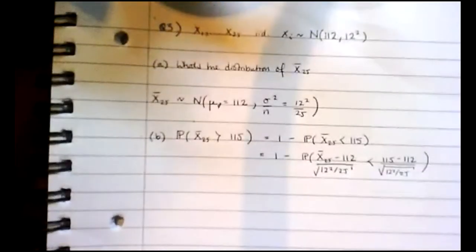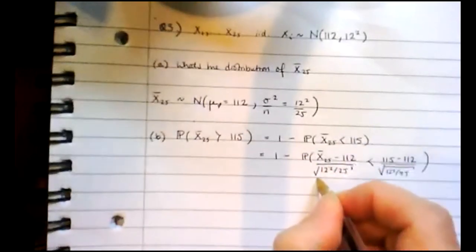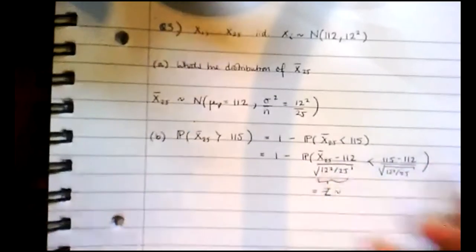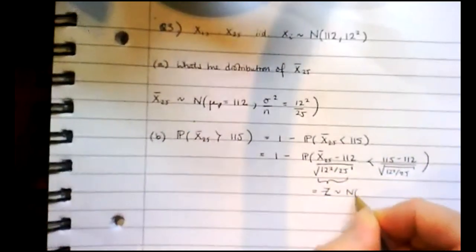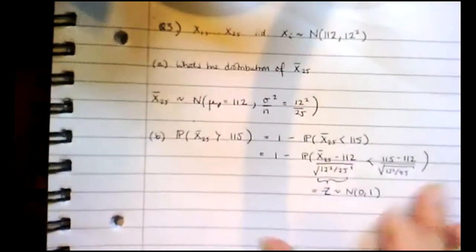Okay, so I've got myself in this situation. And in this here, I'm going to define it as Z, and I know that this is a normal random variable with parameters 0 and 1. And I can look this up in the table, can't I?